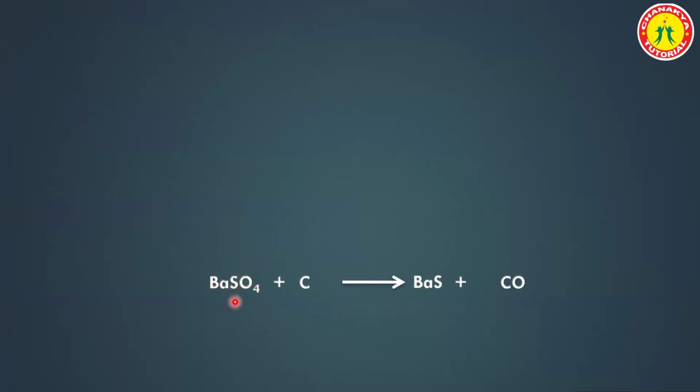For example, barium sulfate, BaSO4, changes to barium sulfide. Here we see oxygen is present, here we see there is no oxygen. That's why there is removal of oxygen. So this is an example of reduction reaction. Now similarly, in this 4 carbon changing into 4 CO, with this carbon there was no oxygen, but in the product we have oxygen with the carbon.